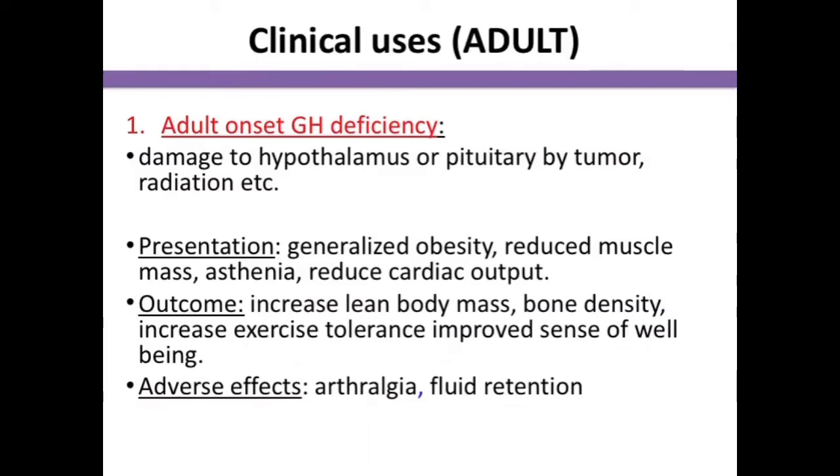Once treated with growth hormone analogs, they will have an increase in lean body mass and bone density. There will be an increase in exercise tolerance and a general improvement in the sense of well-being. However, adverse effects can include arthralgia and fluid retention.